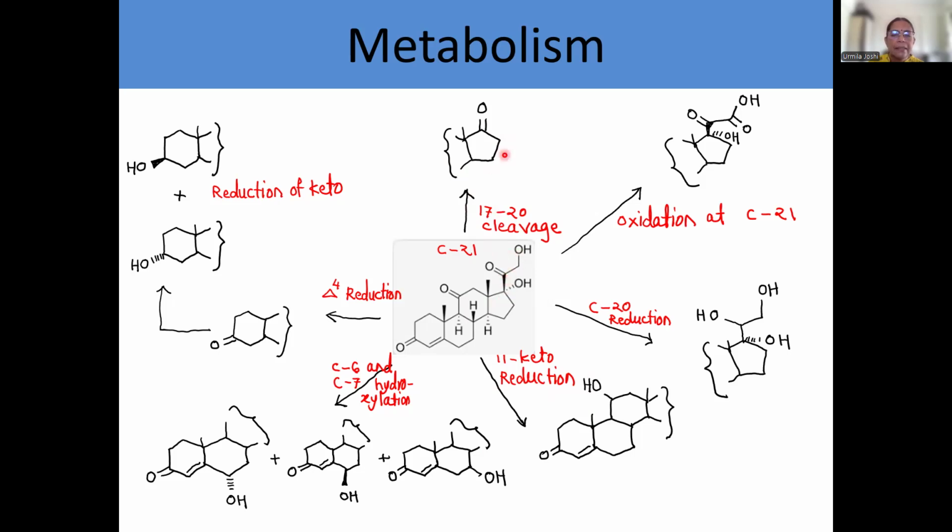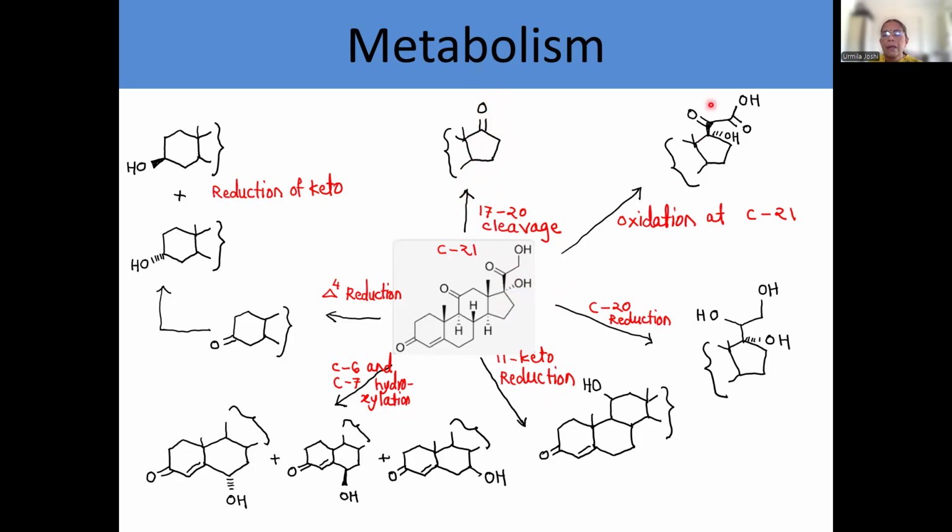Then, if there is an alpha hydroxy group at C17, just like this, what happens is 17-20 cleavage takes place. This is 17, this is 20, 17-20 cleavage takes place and a ketone is formed at 17 position.